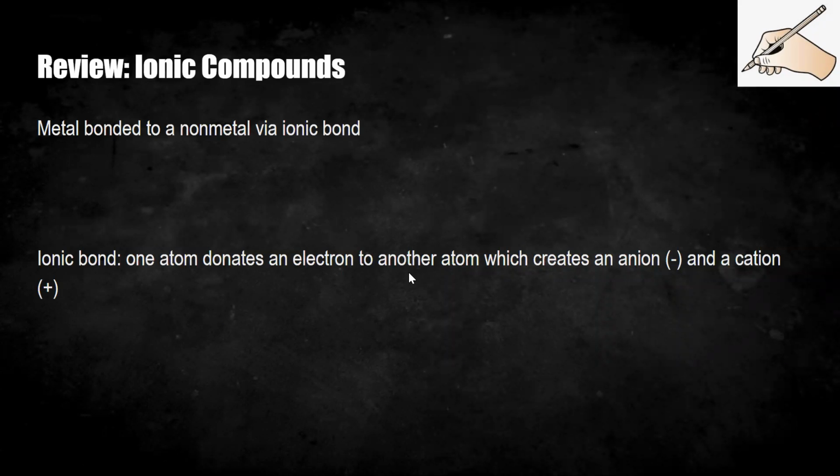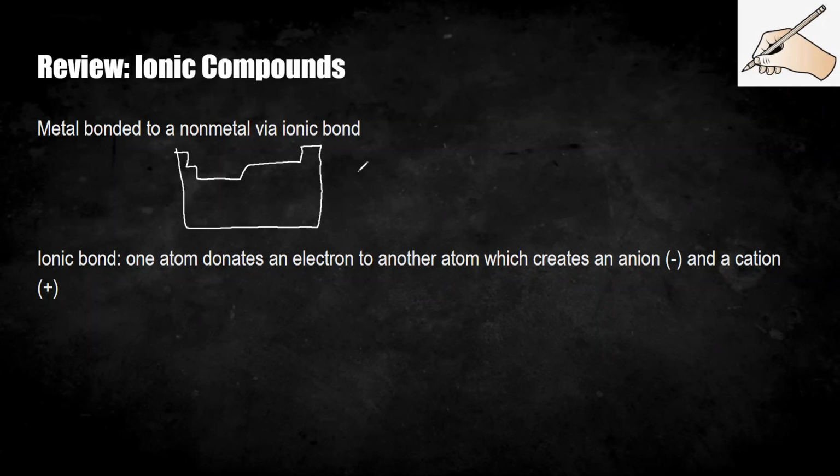So let's review what an ionic compound is. An ionic compound is a metal bonded to a non-metal via an ionic bond. If we look at our periodic table, typically our metals are going to be on one side and our non-metals on the other.